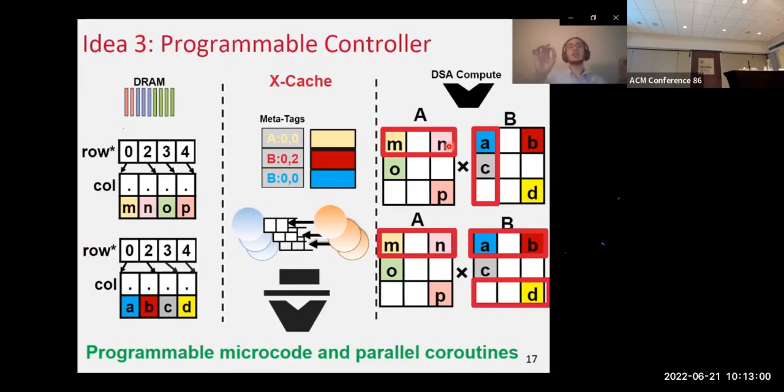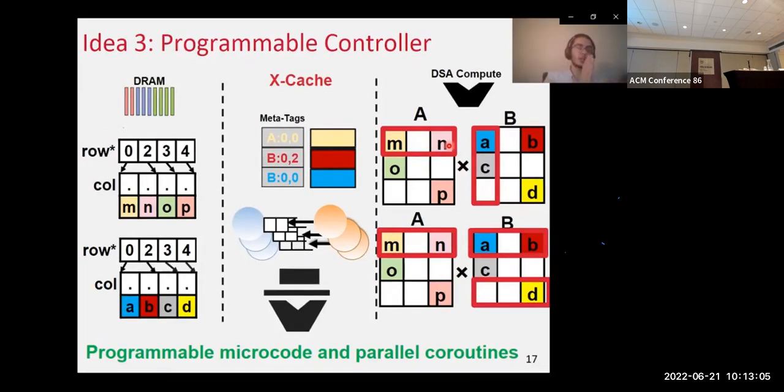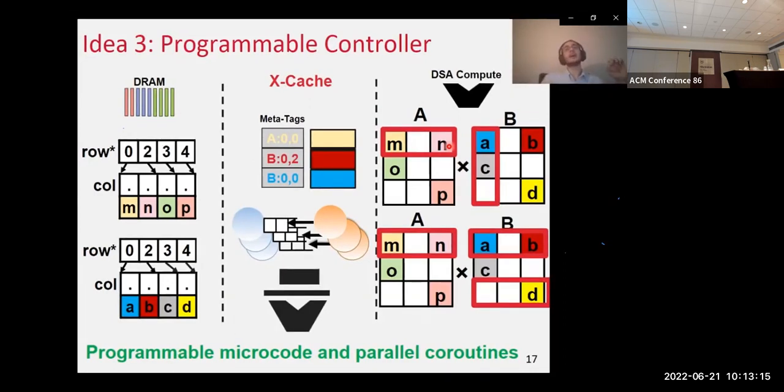So as you see, within 2 DSAs that are working with the same DSA fields, row and column here, and even doing the same functionality, matrix multiplication in this case, we might have different walking logics. So that's why we have programmable walkers in our design, so we're able to target a wide range of DSAs. And also, within this programmability, we're breaking down the walkers into smaller routines. So Xcache now can issue multiple parallel coroutines at the same time.